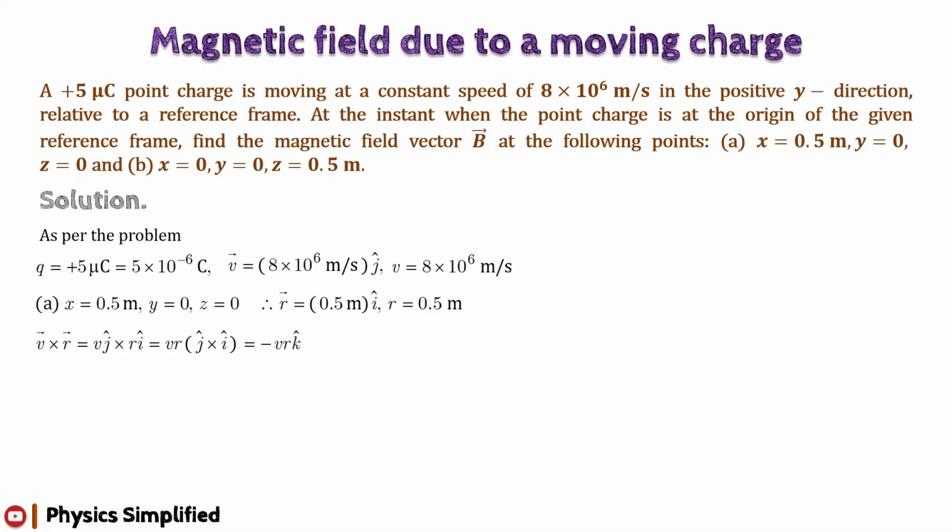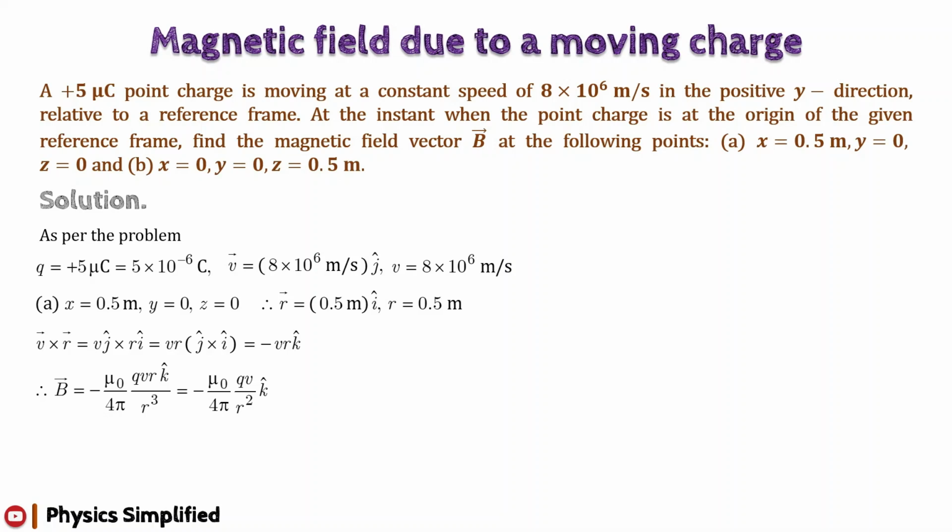So, the magnetic field vector B becomes equal to minus μ0 by 4π times q v r k hat divided by r cubed, that is, vector B equals minus μ0 by 4π times q v divided by r squared k hat.